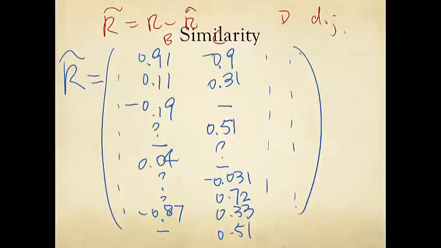Let's say we look at the movie pair BC. This is movie B, this is movie C. Out of the 10 users, how many users have already rated both movies B and C? Well, user 1 rated both, user 2 rated both, but then the other users either have not rated some movie, or they have rated but we can't use those for training.